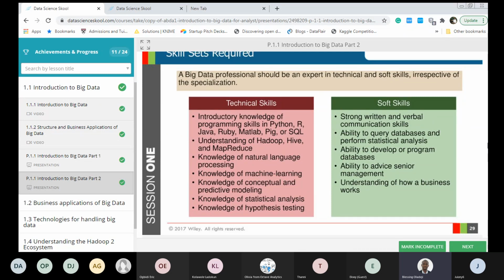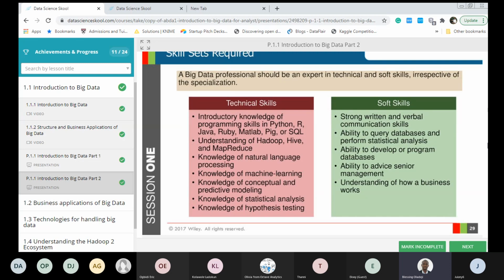The people that have mastered those skills, even when they are not very technically sound, are usually better favored in organizations from what I have learned. So don't just be a technical person, also learn some soft skills. It's going to really help you as a data scientist.